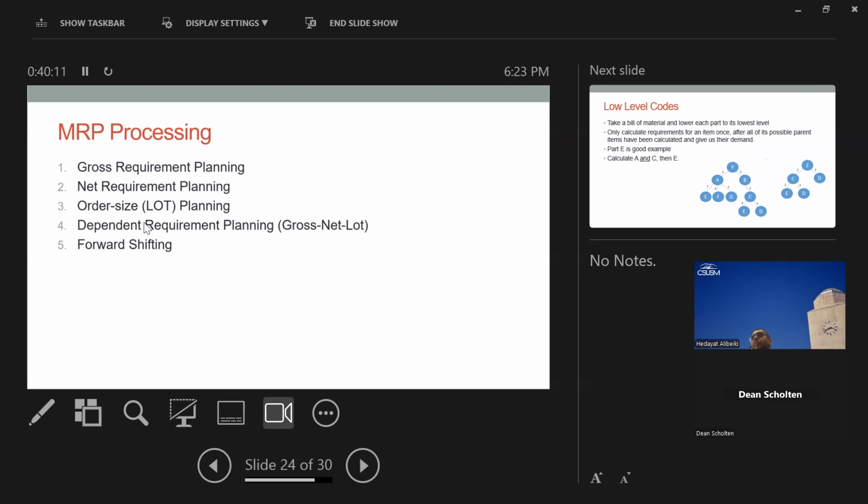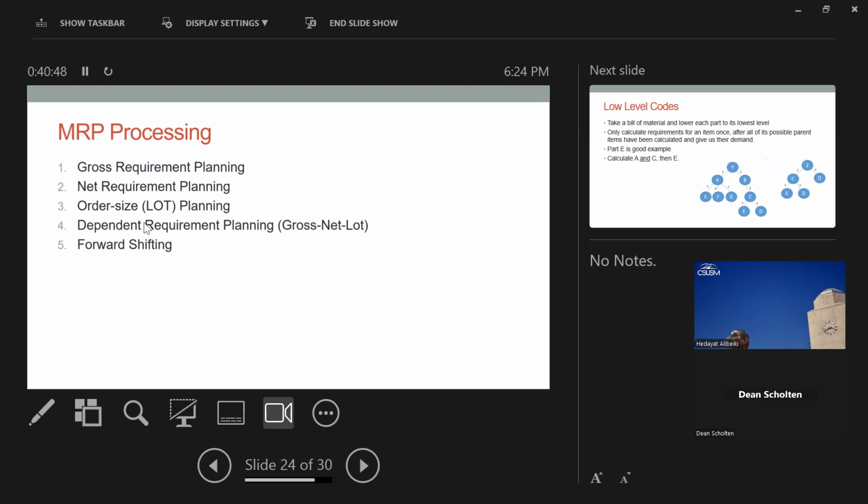We talked about aggregate planning, we talked about sales and operations planning. A lot of companies actually do a rough cut, saying we want to go with 20%, 30%, 50%, for example, of our capacity assigned to different product types. But for children items, it's going to be the gross requirement of their parents multiplied by the BOM quantity, bill of material quantity.